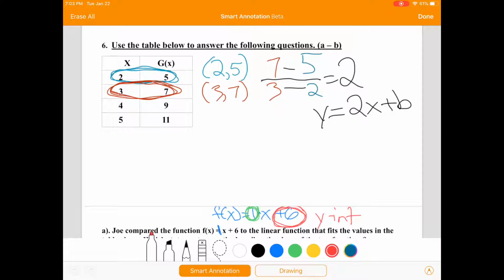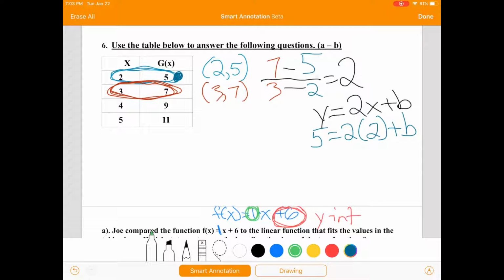So we're going to plug in some values. I'm going to go with the 2, 5. So I'm going to use this ordered pair in the table. I'll substitute 5 in for y, and 2 in for x in y equals 2x plus b, and solve for b.